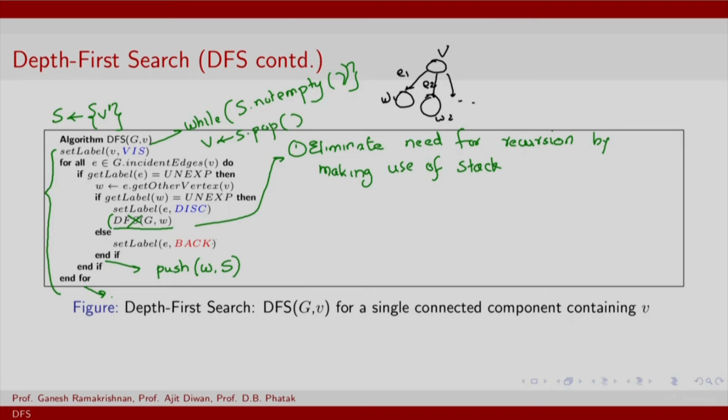So this is going to give you the same effect as the original DFS call without needing to invoke recursion.